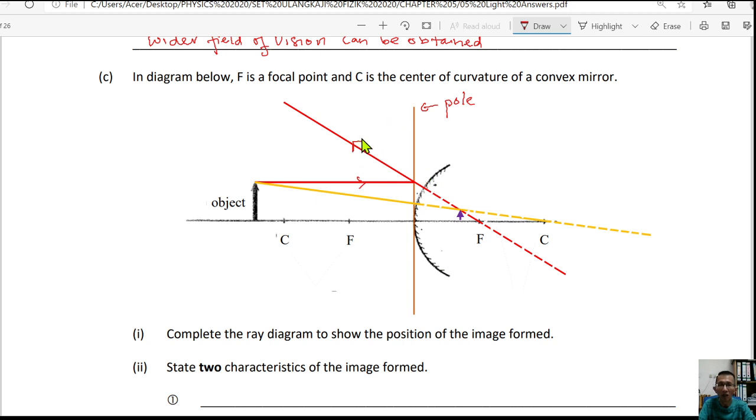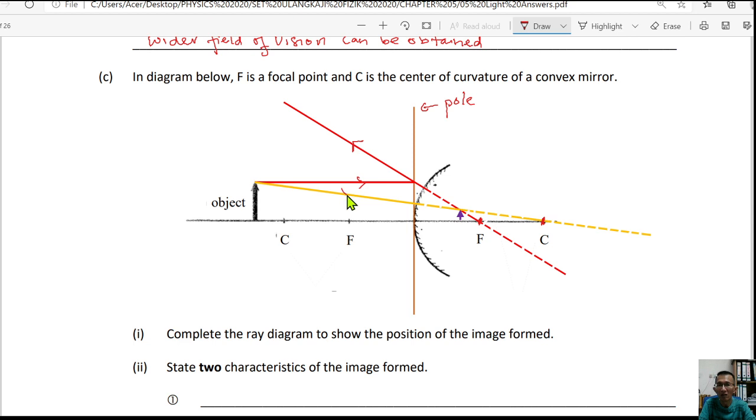It is reflected as if it comes from this focal point. We have done this before. So that's my line number 1. Then for my line number 2, I draw from the head of this object, and then I use this C here. What happens if the light goes through and hits point C, the center of curvature?